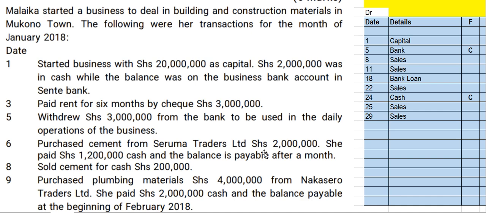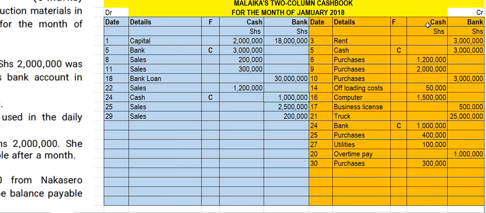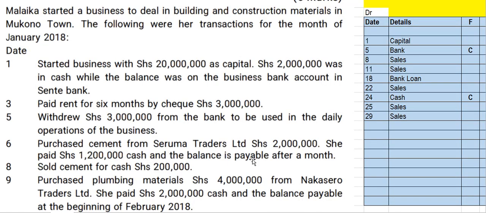At that moment, the business paid cash 1.2. This is a purchase, so the cash reduces. So on the credit, on 6th, purchases. The balance that was not paid is payable after a month.